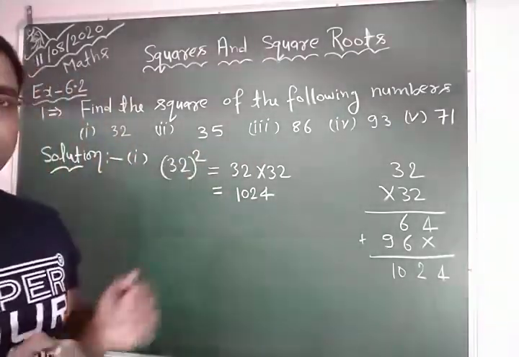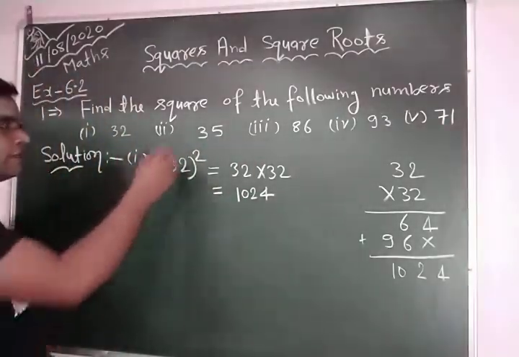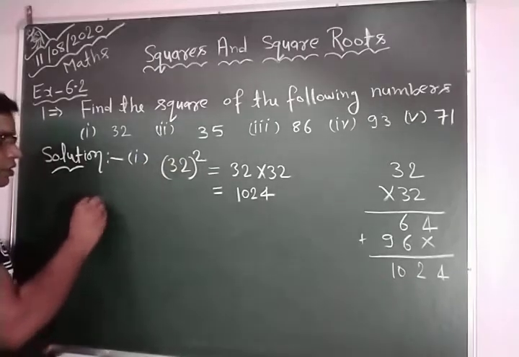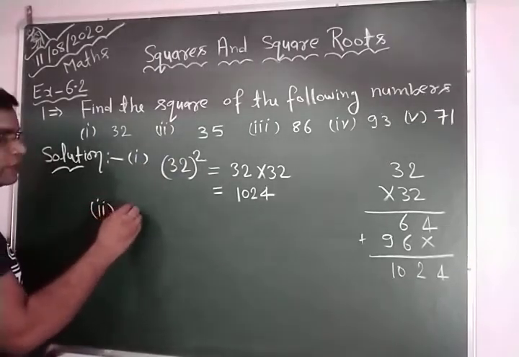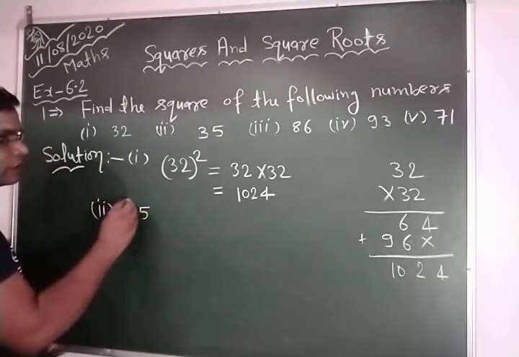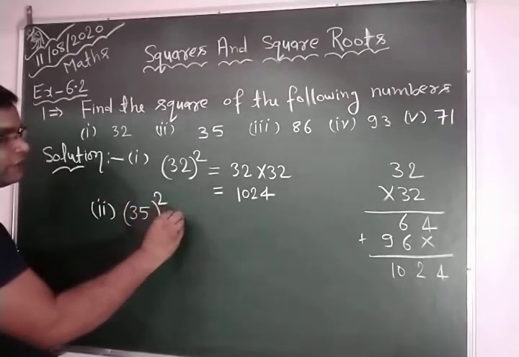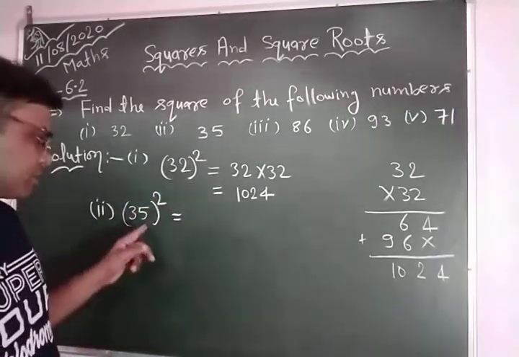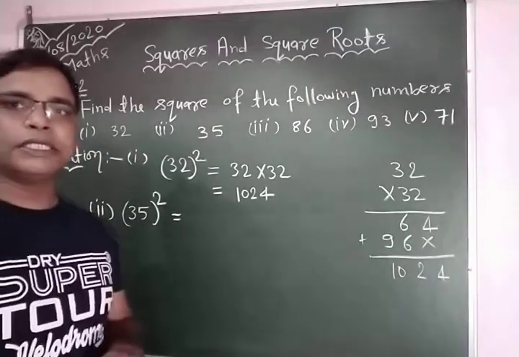Now the second part, the square of 35. Here you can see the unit place digit is 5.